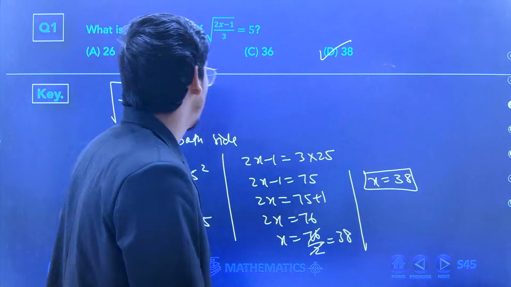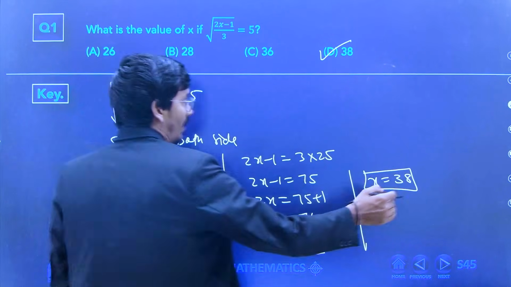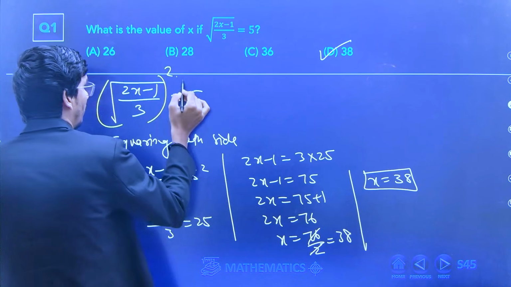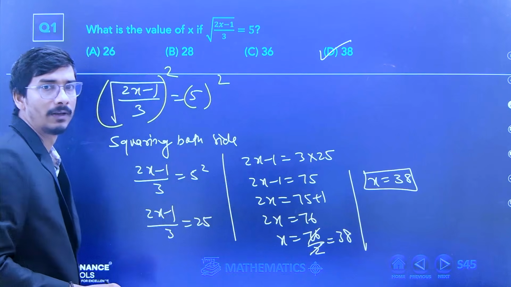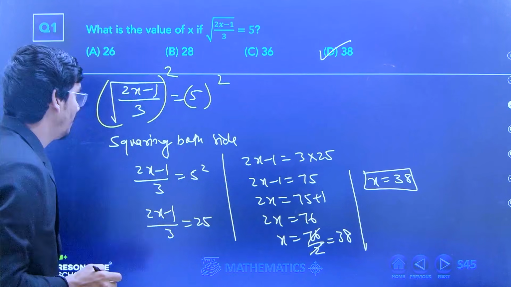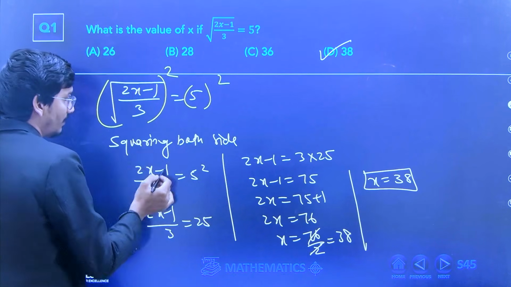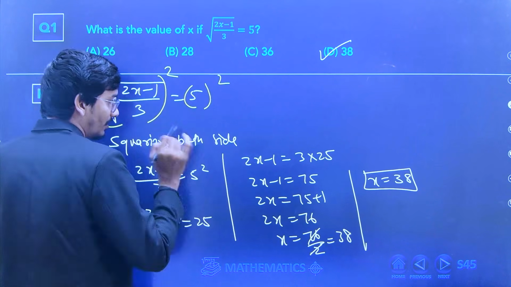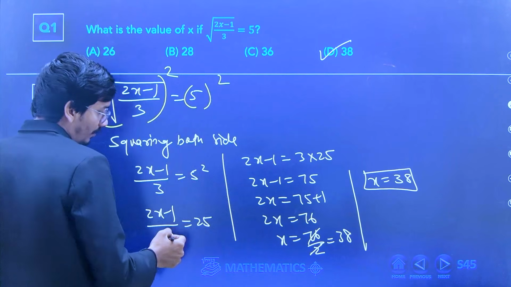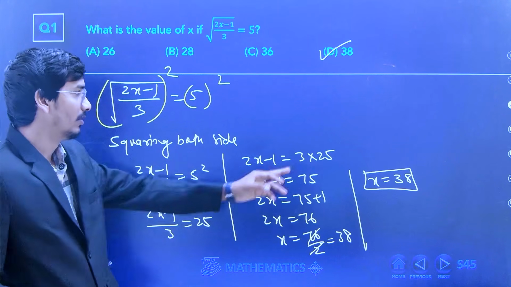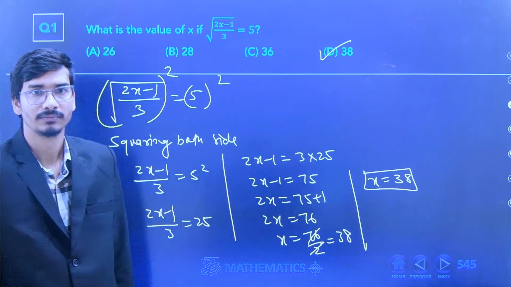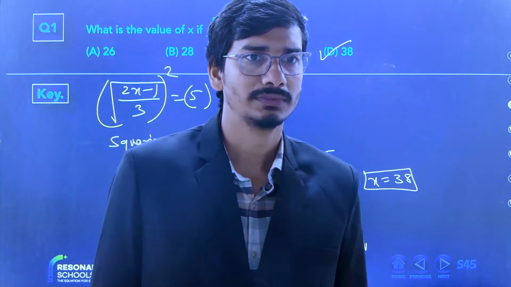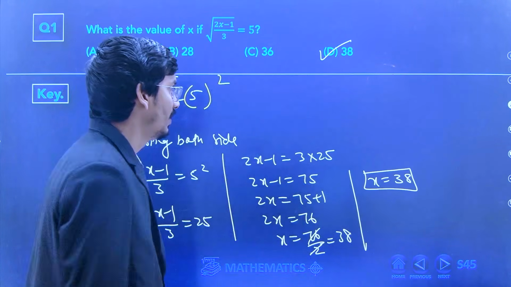Beta, squaring both sides. What am I doing? Squaring both sides. If you square the root quantity, it becomes the simple quantity that is inside the root. And 5 squared is 25. Now after that, 3 will go to the right-hand side, so 25 into 3, and we can proceed. Listen, I'm explaining this question again.